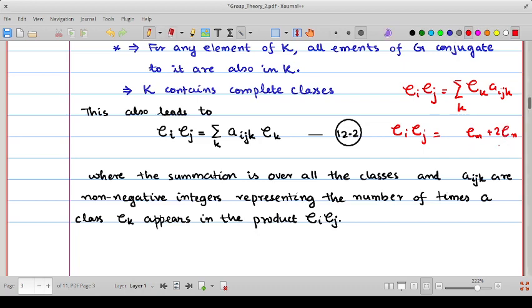Now this is not the simple union of sets because we will be keeping any element as many times as it appears in this product. And in a set union, we write every element only once. So that's why we use this summation symbol over here instead of union.